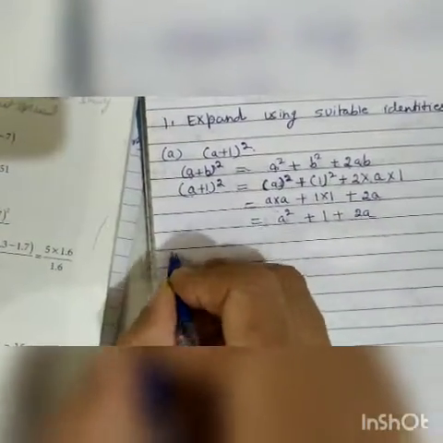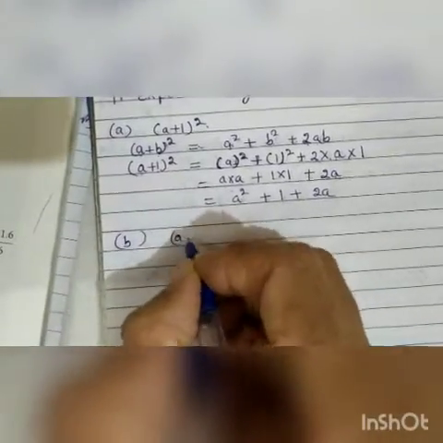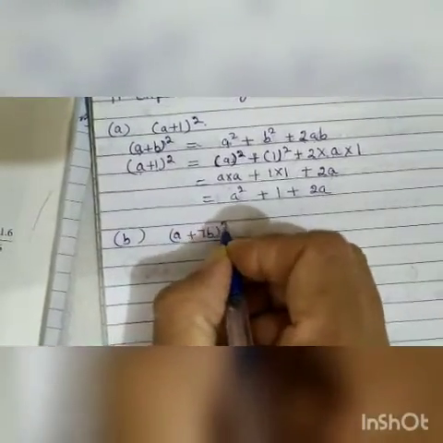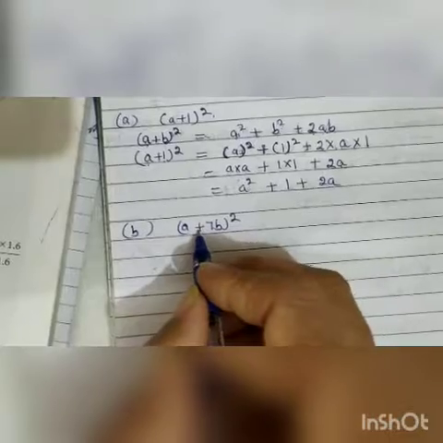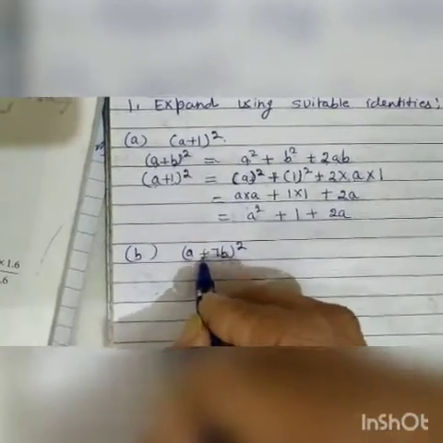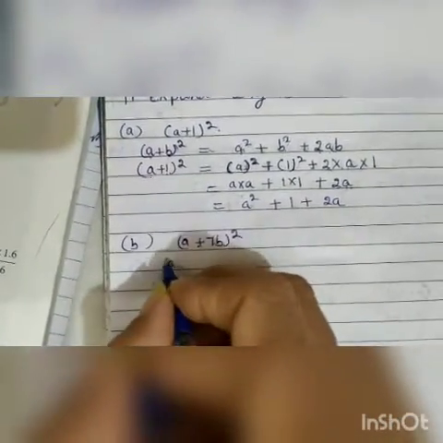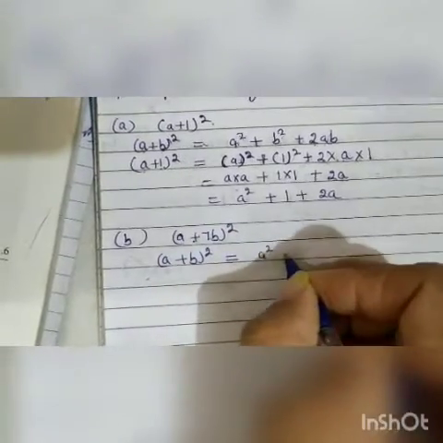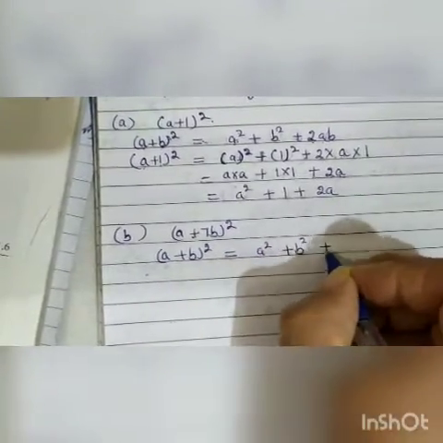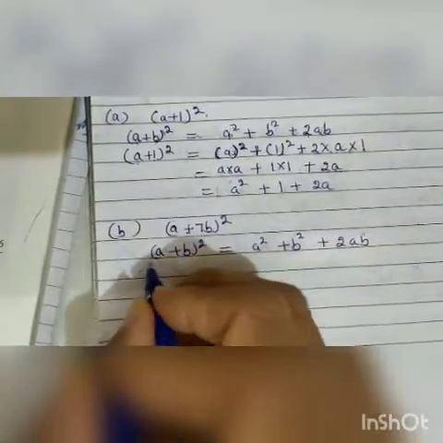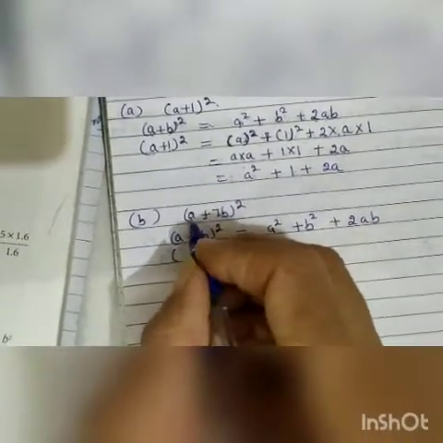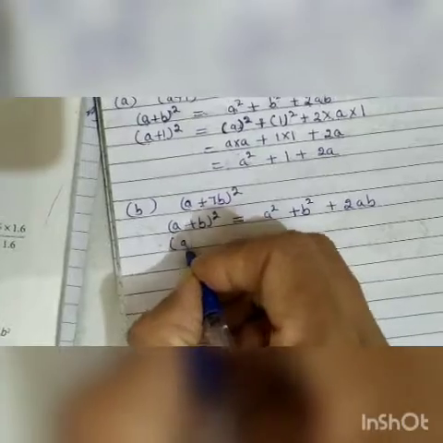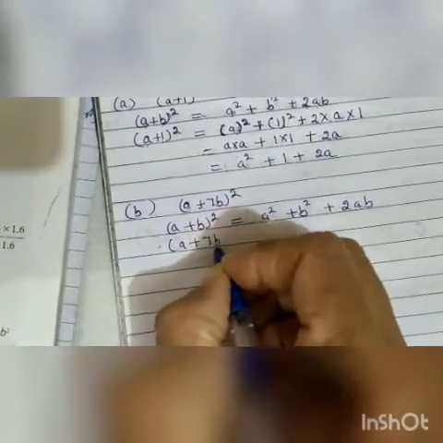B. It is a plus 7b whole square. Again this is plus sign, so we will use again the same identity. A plus b whole square is equal to a square plus b square plus 2ab. A means a, again b means 7b.